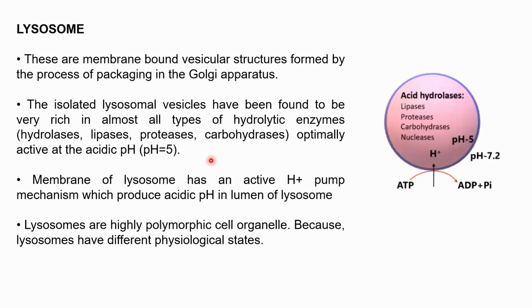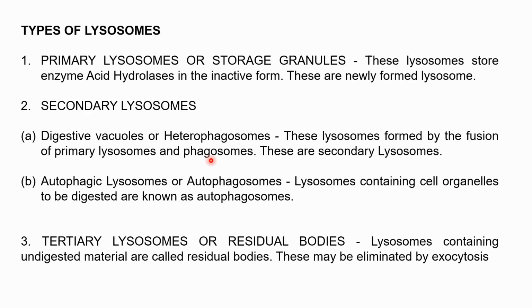Like I mentioned, under different physiological states, the lysosome may acquire different morphologies. So the first one is the heterophagosome. How does heterophagosome formation take place? When a lysosome is formed by the fusion of a primary lysosome and a phagosome, it is called a secondary lysosome.